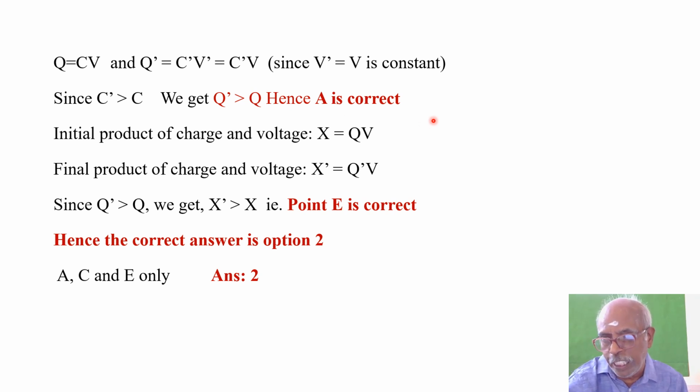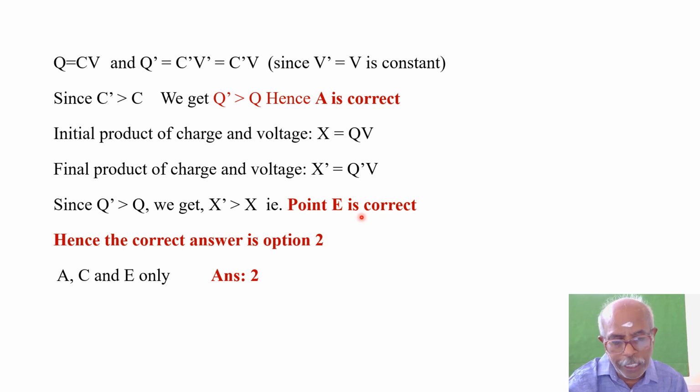Then come to point E. The product of charge and voltage. Initial product of charge and voltage, X is equal to Q into V. Final product of charge and voltage, X dash is equal to Q dash V. Just now we have seen that according to point A, Q dash is greater than Q. It means X dash is greater than X. It means point E is also correct.